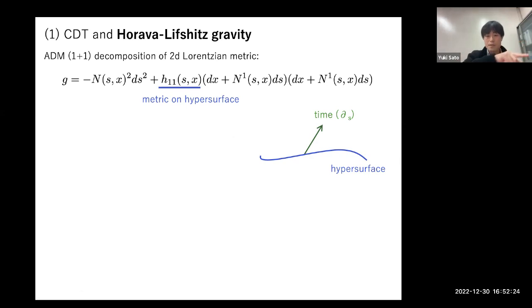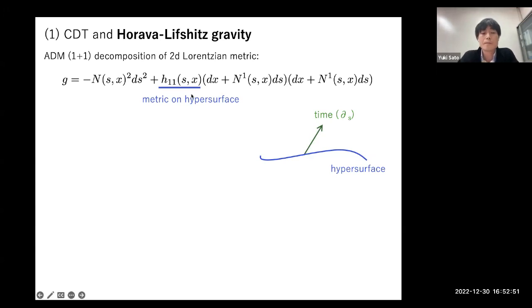We first set up the hypersurface, the blue curve, and there are some time directions sticking out of this hypersurface like this. The normal and tangential directions to the hypersurface are quantified by the lapse and the shift functions.